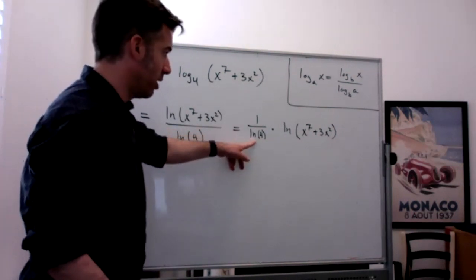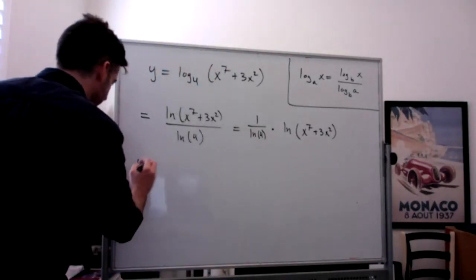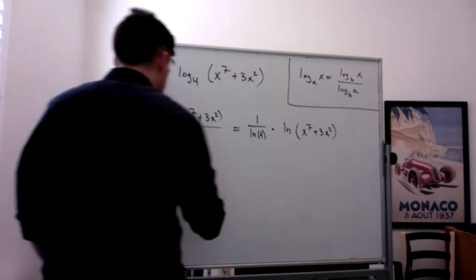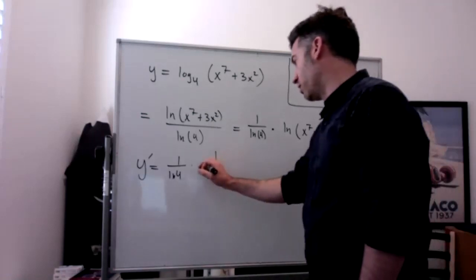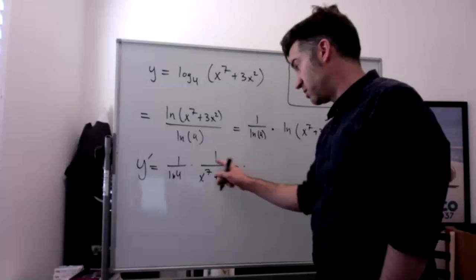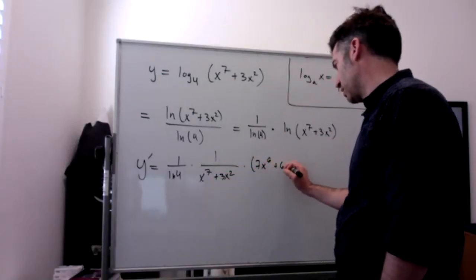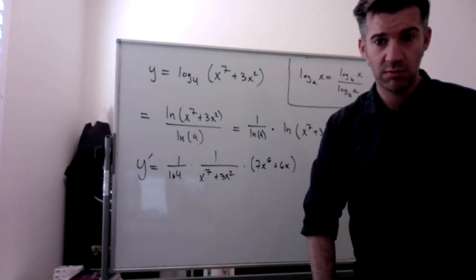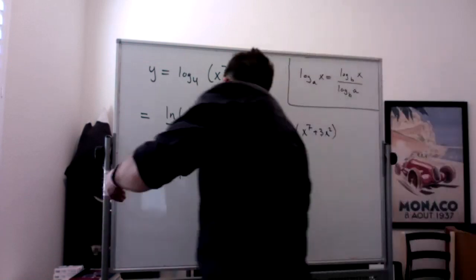That's a constant multiple times a function of x. So when you take the derivative, you're going to get that constant multiple hanging out times the derivative of the natural log of some stuff, which is 1 over your stuff times the derivative of that stuff, which is 7x to the 6th plus 6x. Totally not terrible. Let's look at a different way of doing it, because there is another way.